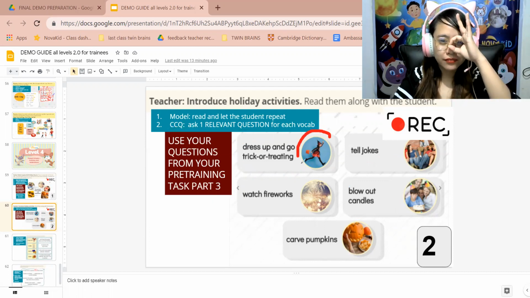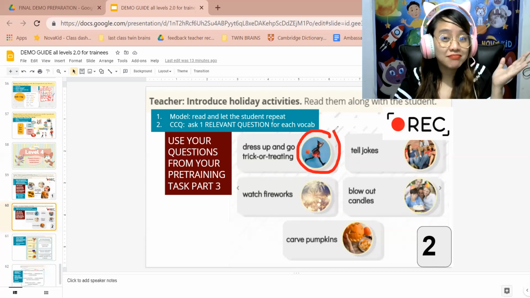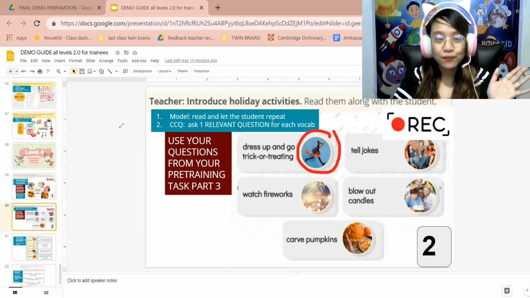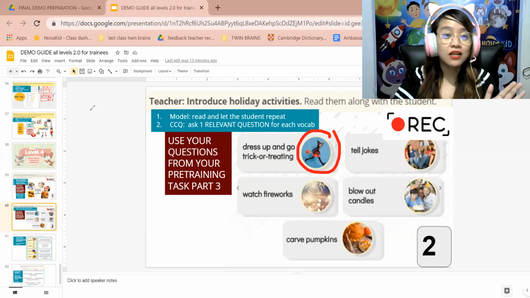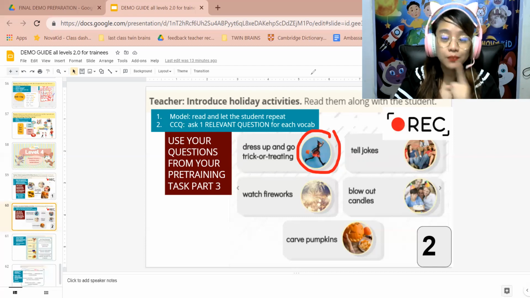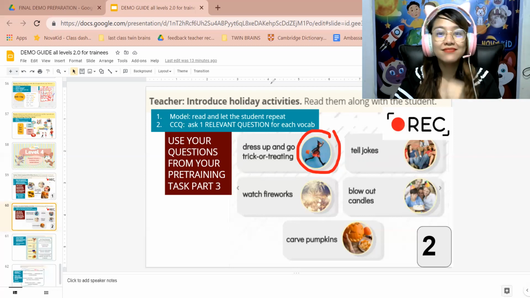Look, look at the girl. What is she wearing? Which costume? Remember, always ask the student to speak in a full sentence. So you can use a sentence starter. She is wearing the witch costume.